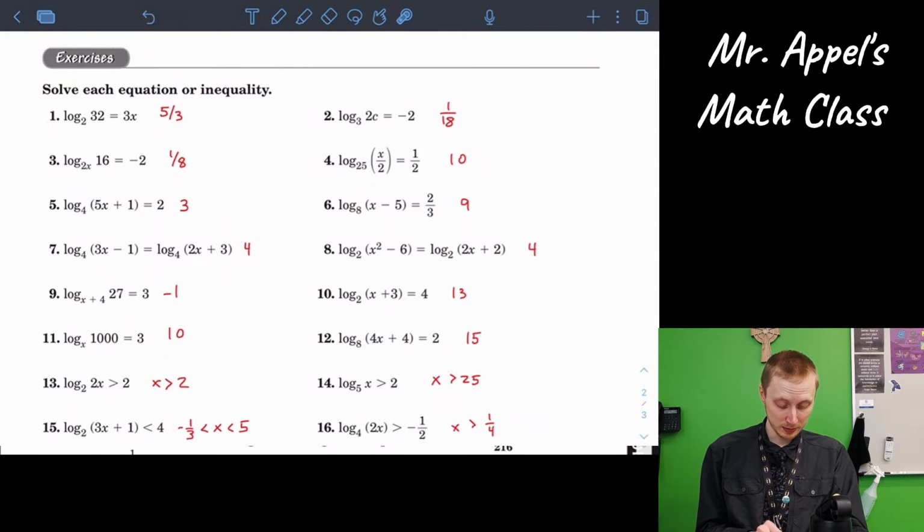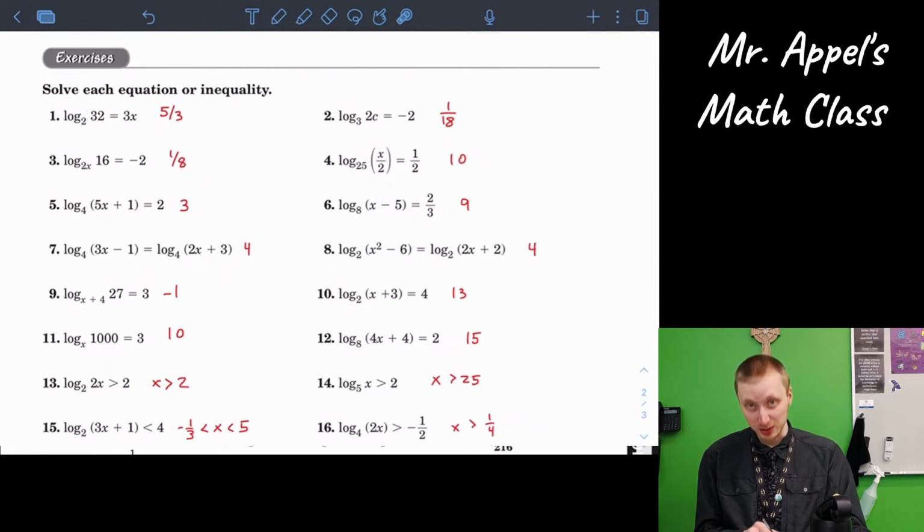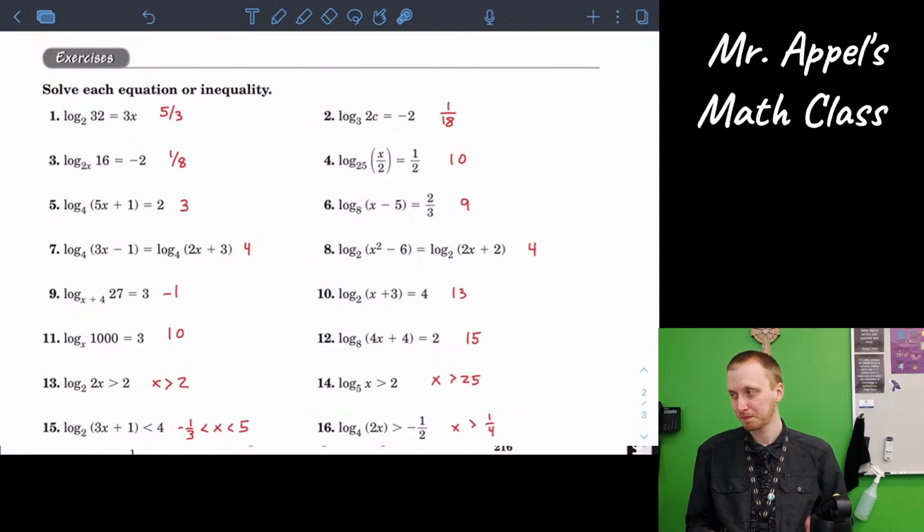Or some, you might want to simplify, just this one, log base 2 of 32. Simplify that expression on that side, and whatever that number is equals 3x, and then solve. It's 5, by the way. And now you have 5 equals 3x, solve for x.